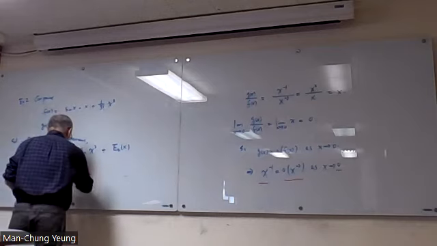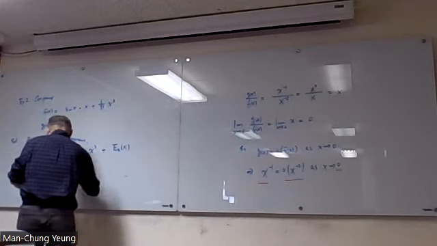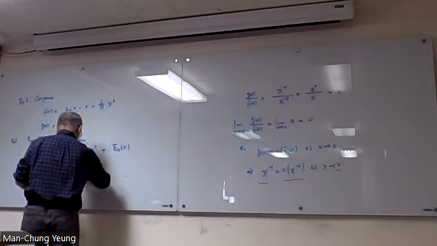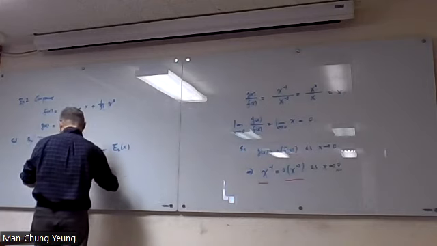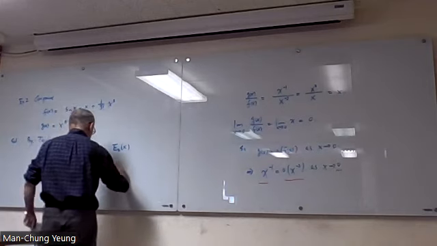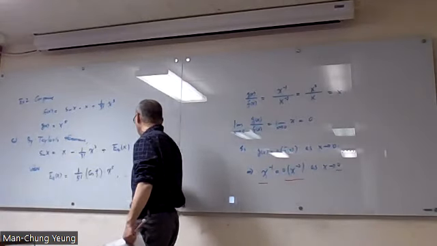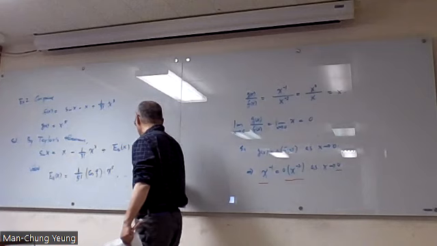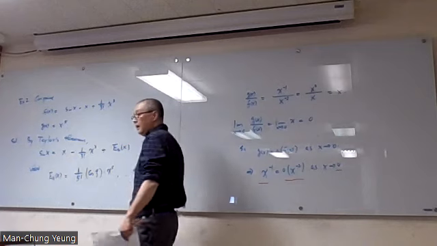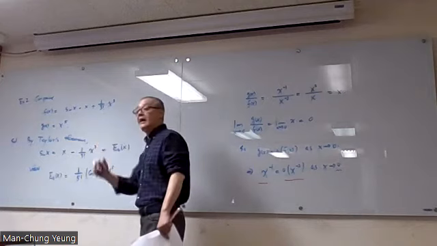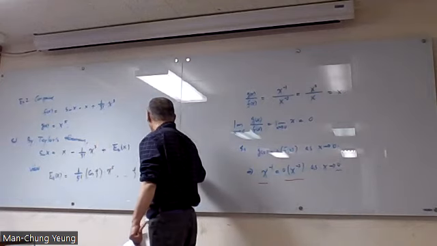This is 1 over 5 factorial times cosine of some point theta times x to the fifth. What is theta? I don't know. I just know theta is between 0 and x.